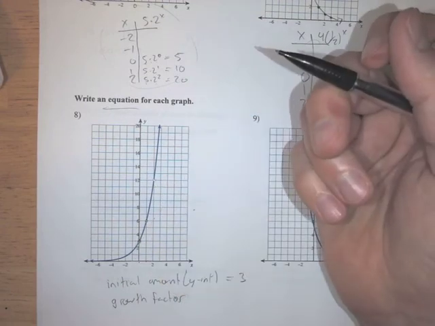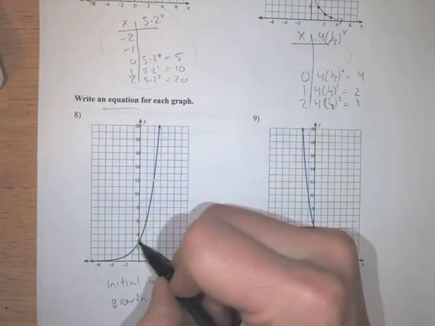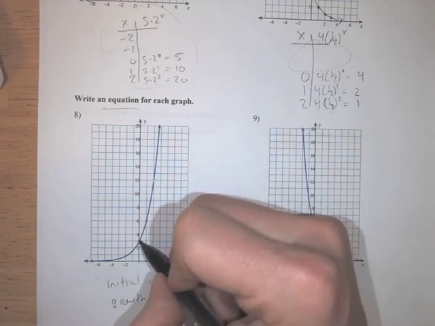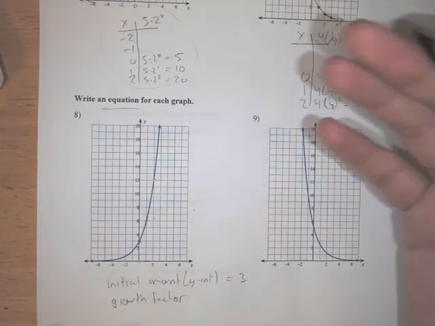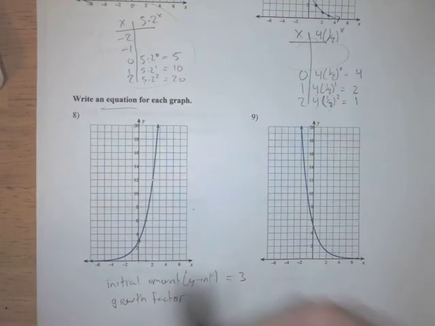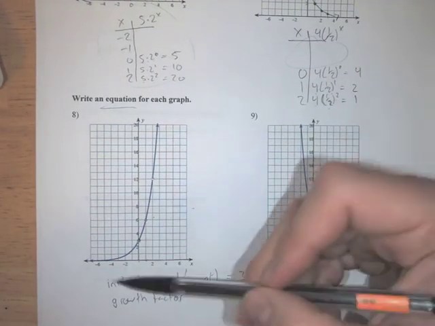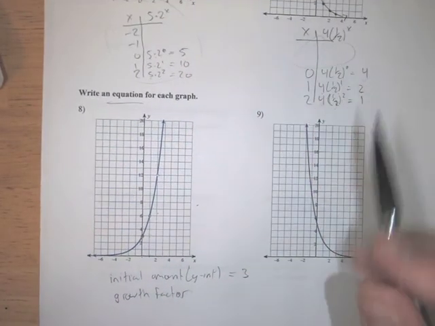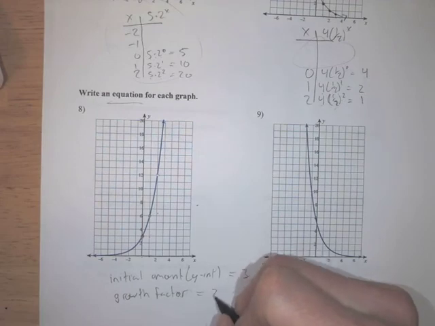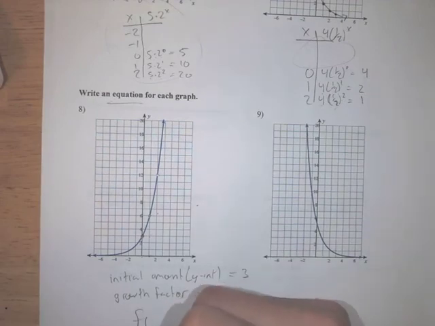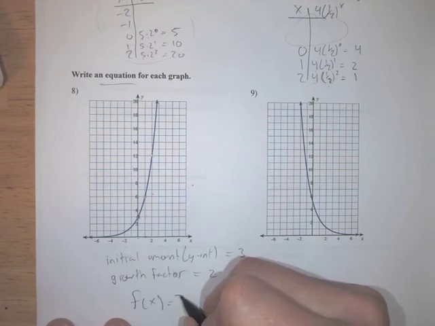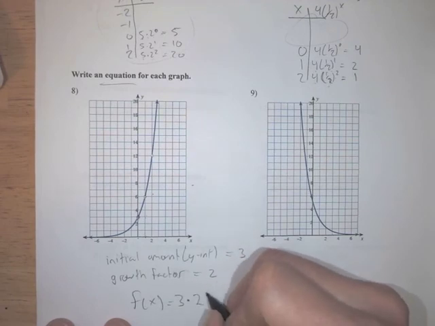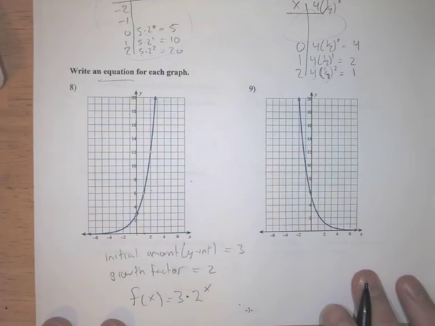Right? So you see what's happening here? 3 times 2 is 6. 6 times 2 is 12. So we're doubling again. Doesn't have to be double, just happens to be in this case, because if you triple or quadruple, the graphs get out of control pretty fast. So the growth factor here is 2. We're doubling. So f of x is equal to my initial value times my growth factor, and then you have your exponent. That's it.